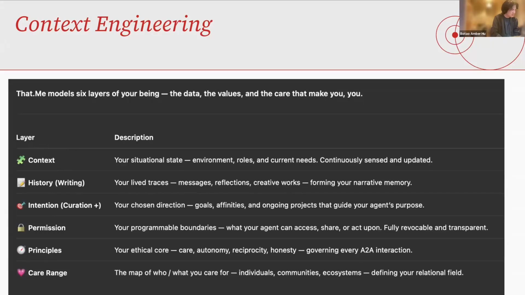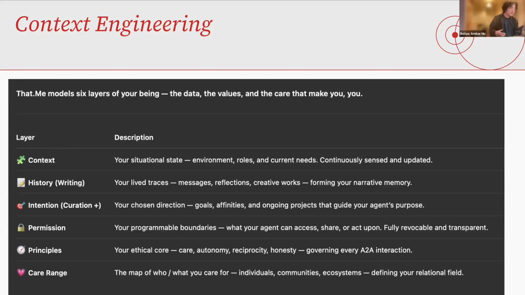Also your permissions, so what information you want this agent to access and act on, and your principles, your social principles, and your care range. Things you don't care about, you can write down in the agent's constitution.